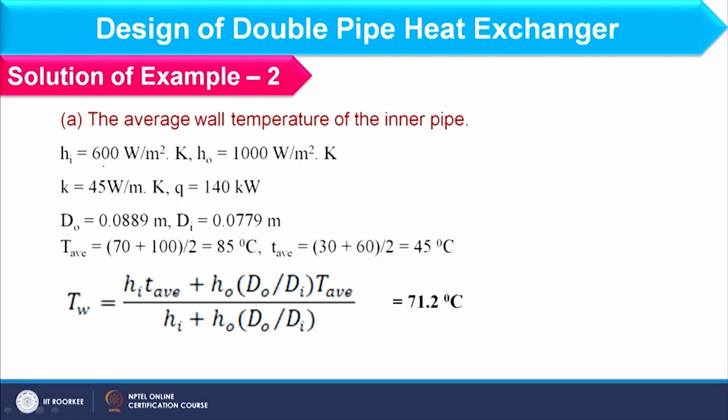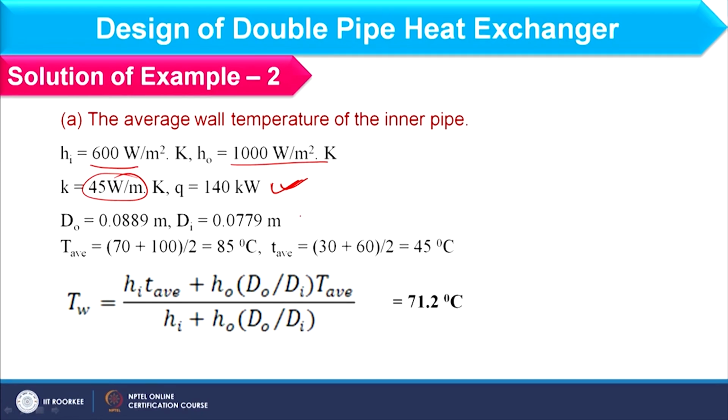In this problem, all these values are given to you as HI is 600 watt per meter square Kelvin and HO is 1000 watt per meter square Kelvin. Thermal conductivity of the material is already given to you, and total heat duty of the exchanger is known to you, that is 140 kilowatt.